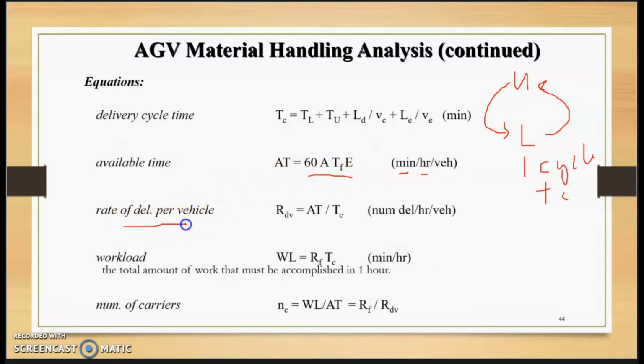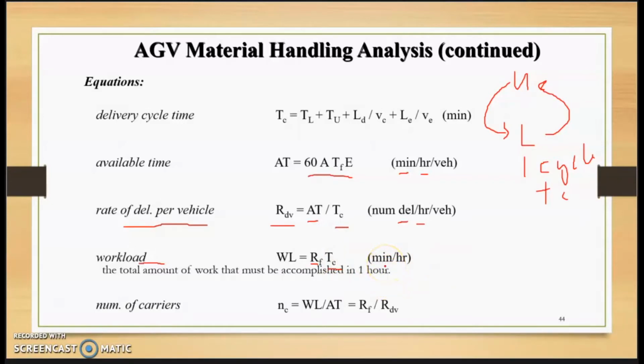Rate of delivery per vehicle: RDV equals available time over the cycle time. So the unit is deliveries per hour. And the workload is equal to RF times TC.